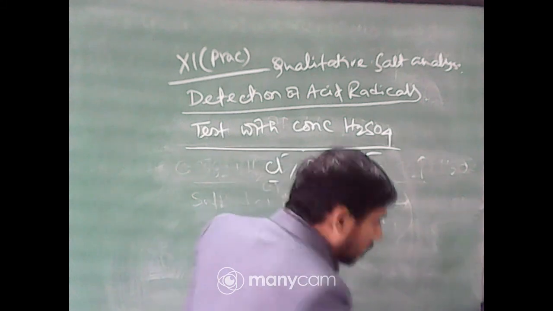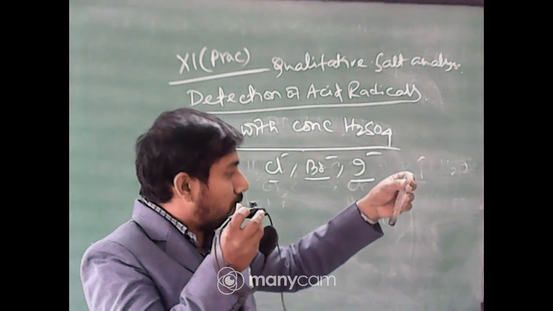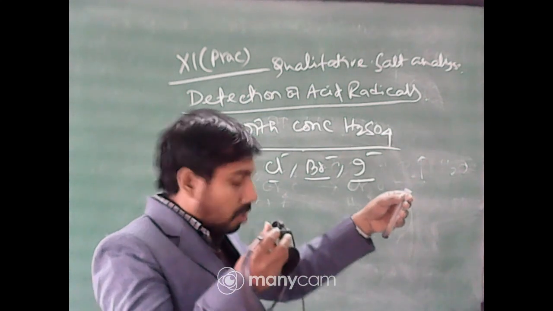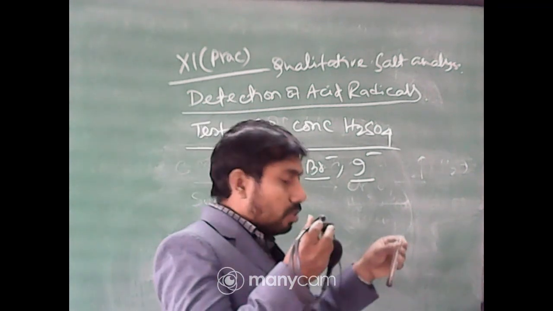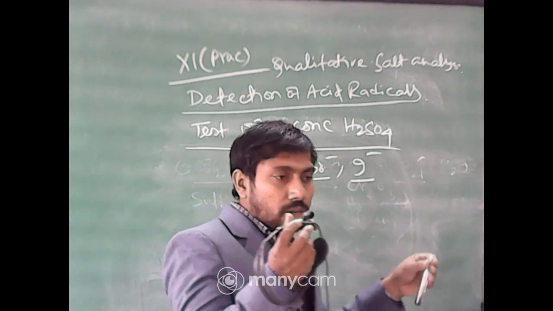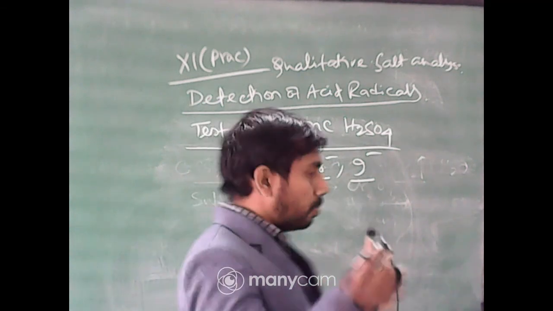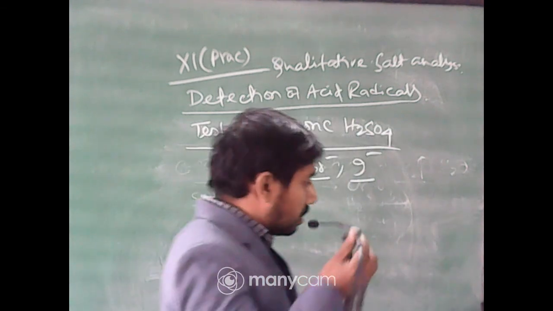So this is the vapor. The color of the test tube is changed totally. Okay, a dense fume is formed. So these two tests are under dry test. So today's two tests, one dilute H2SO4 test and one concentrated H2SO4 test, are from qualitative analysis. Okay, thank you.